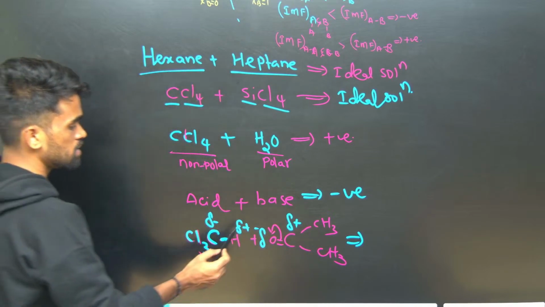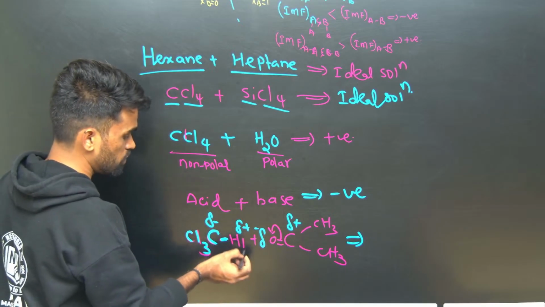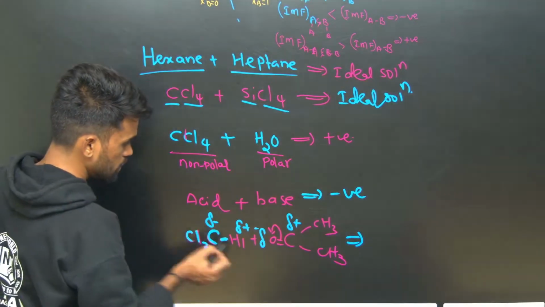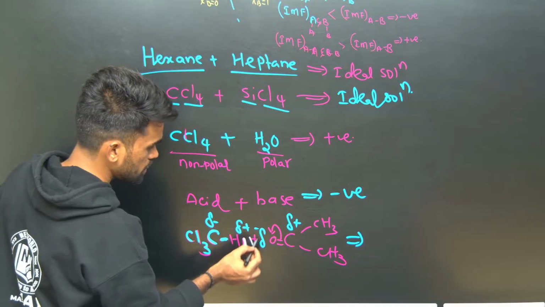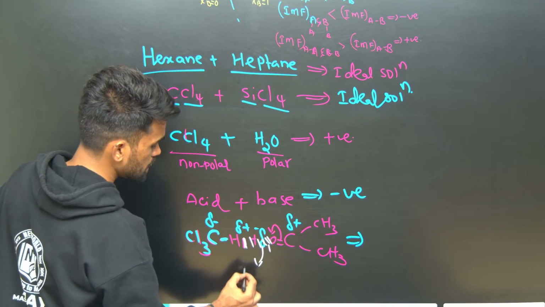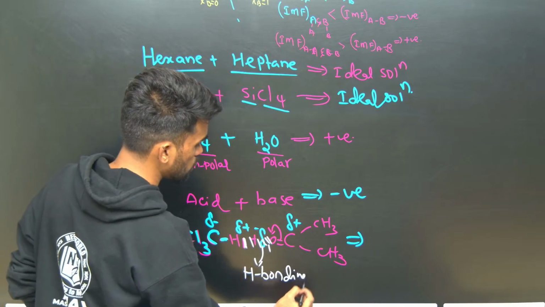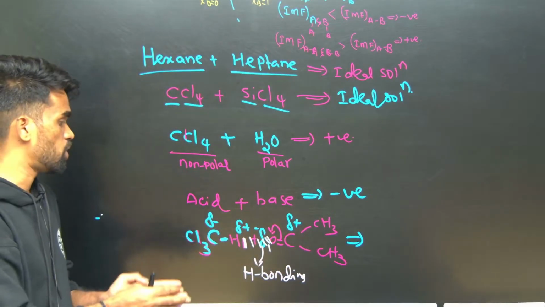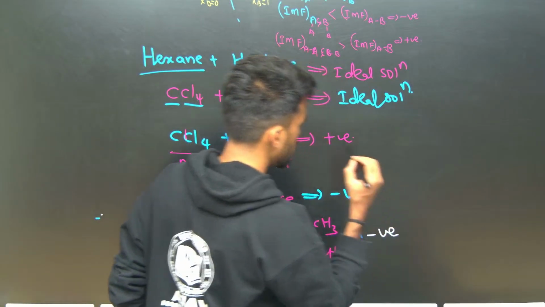Now there are positive and negative charges, so there is an electrostatic interaction between this hydrogen and this oxygen. So I can say this is intermolecular hydrogen bonding between two different molecules. So this makes it show negative deviation.